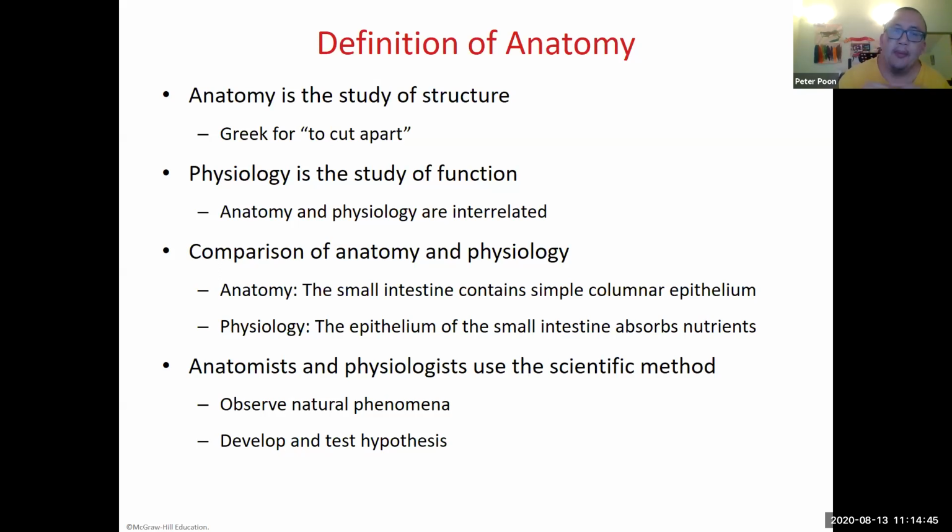These always go together, and there are some classes that teach anatomy and physiology together. But I think it's slightly better for you to understand anatomy first and then physiology, instead of trying to put both together, which is more difficult.